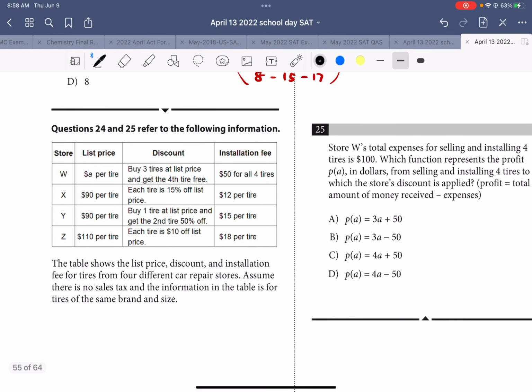Now 24, 25, refer to the following information. They gave you a table. The table shows the list price, discount, and installation fee for tires from 4 different car repair stores. Assume there is no sales tax, and the information in the table is for 4 tires of the same brand and size.